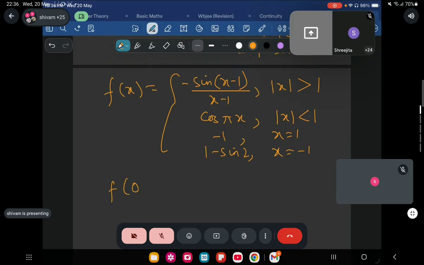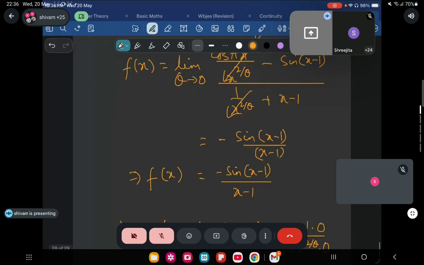What is f of 1 plus? 1 plus is -1. And f of 1 minus is -1. What is f of 1? It's -1.